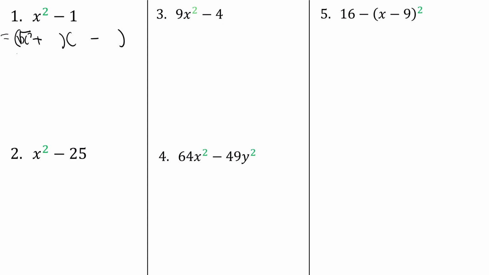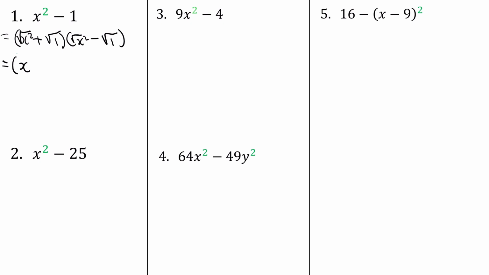So you do square root of x squared and square root of 1, square root of x squared and square root of 1 again. Then you will do your mathematics. Square root of x squared is x, because the square root will cancel the power of 2 which you are given there.